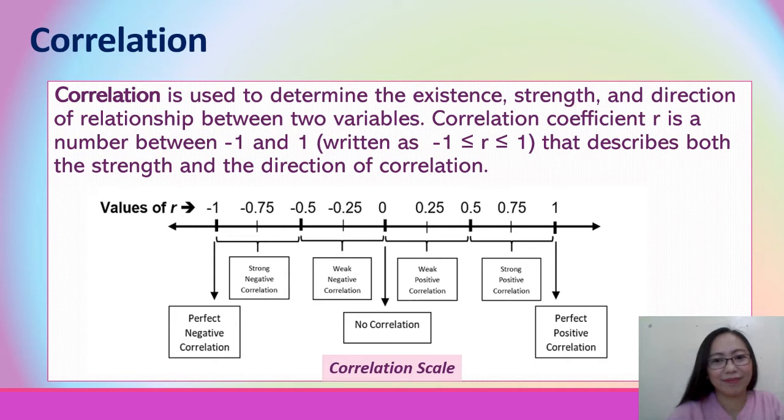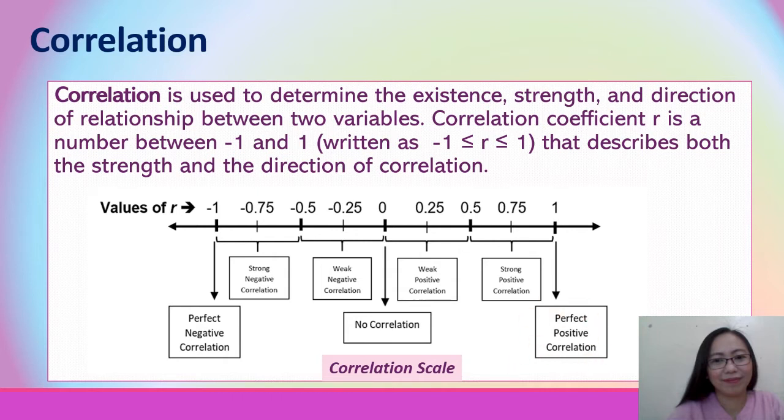If r is between 0 and 0.5 here, we have a weak positive correlation. And for the last range, if r is 0.5 up to 1, we have a strong positive correlation. And for r equal to 1, we have a perfect positive correlation.